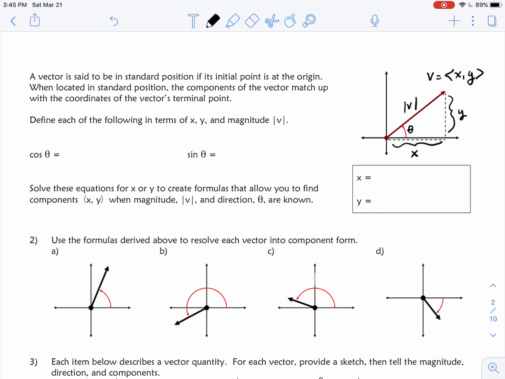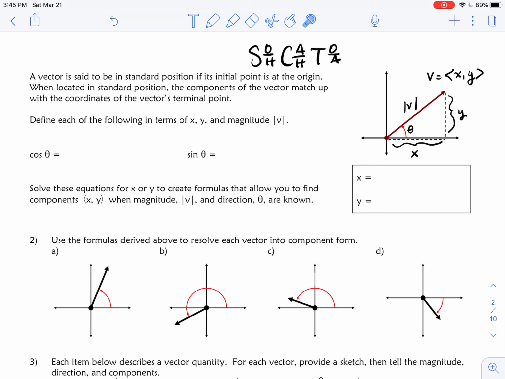And the vector components for this guy, the horizontal and the vertical, x, y. So if I wanted to find cosine of this angle, well, let me write out my SOHCAHTOA. Cosine is the adjacent divided by the hypotenuse. So if this is my theta here, the adjacent's x, my hypotenuse is the magnitude.